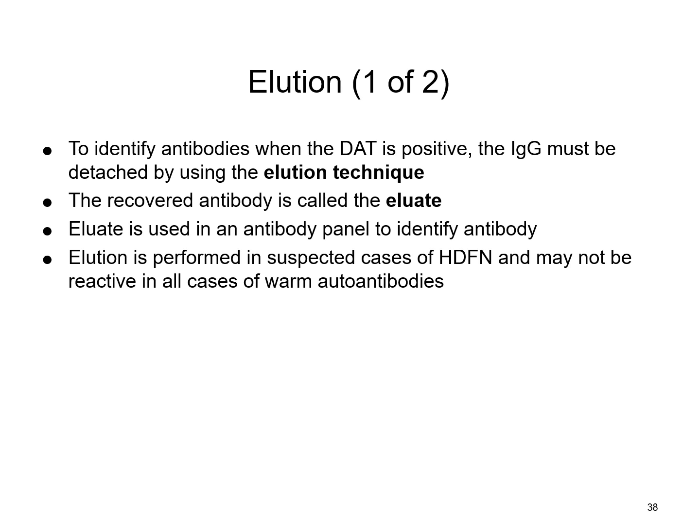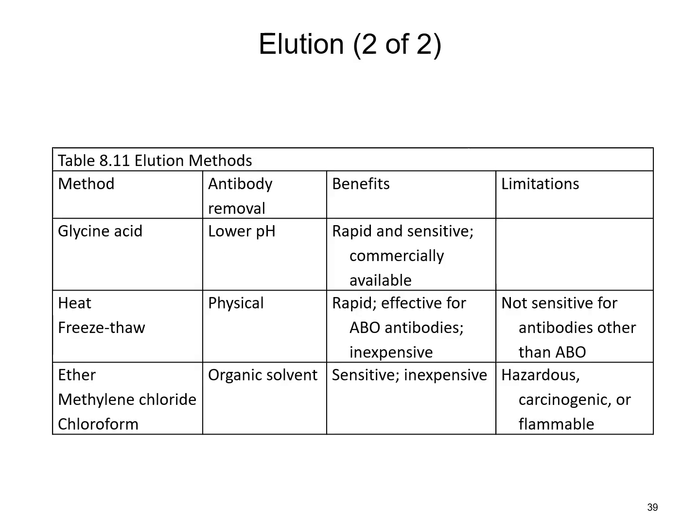There's a couple of different ways that we can do that. You're going to break them off so that they're free floating in that eluate, and then from there you're going to run that antibody test. One of the things that you will do very often with an elution process is check for hemolytic disease of the fetal newborn, looking to see what antibodies have actually coated those fetal cells.